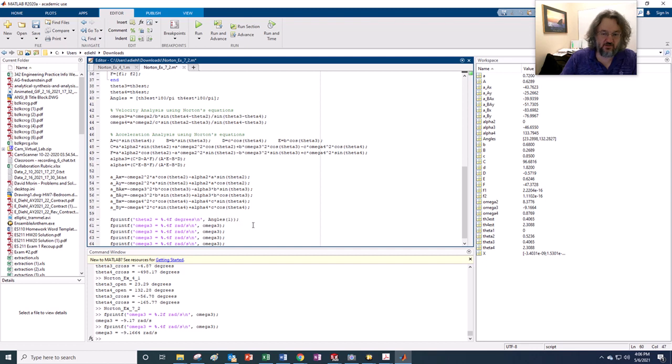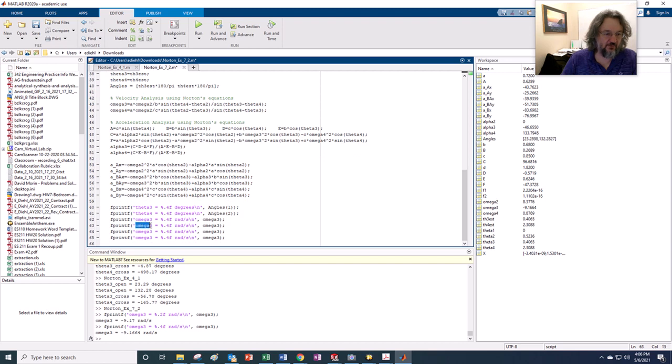Oops. And not theta 2, not theta 3, theta 4 is angles 2. All right, and then we have omega 3, and I want alpha 3, which is alpha 3.